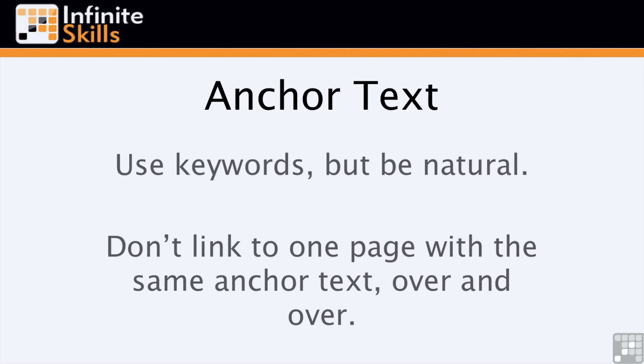So use keywords, but use variations. Use semantic variations, use the words in different order, always be natural. Don't just link with just the keyword, link with things like "click here to learn more about," and then the keyword. So just again, be natural and don't link to the same page with the same anchor text too often.